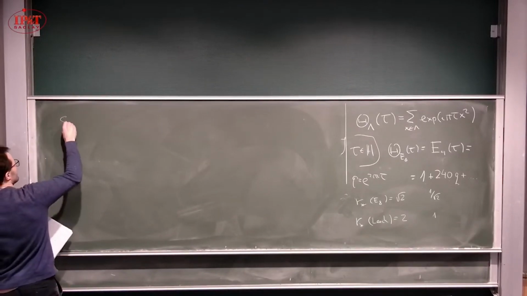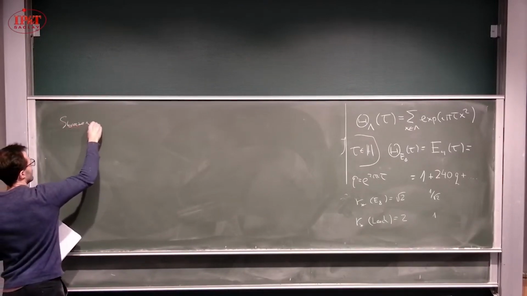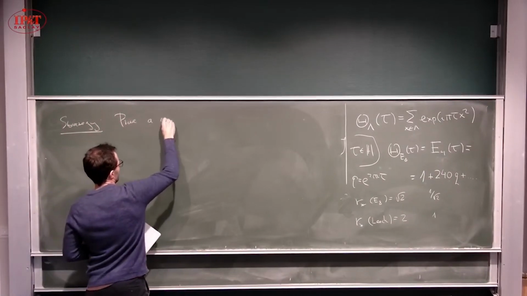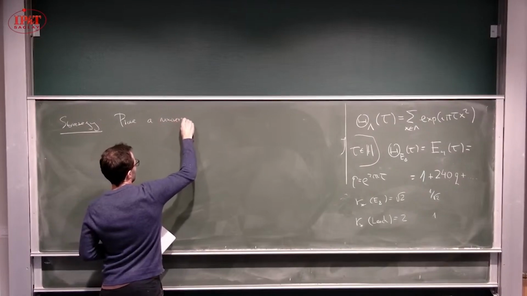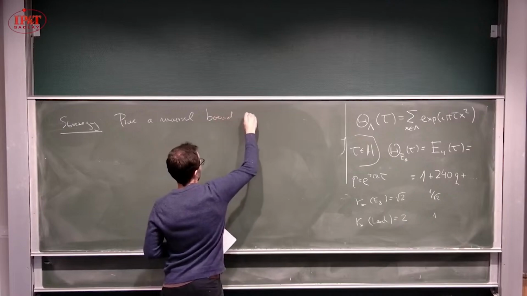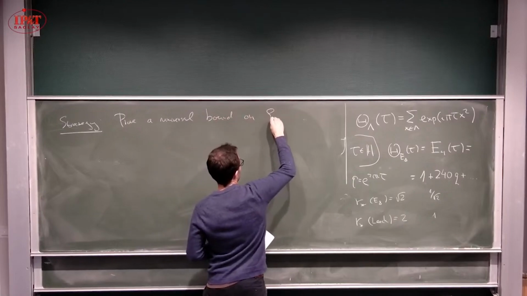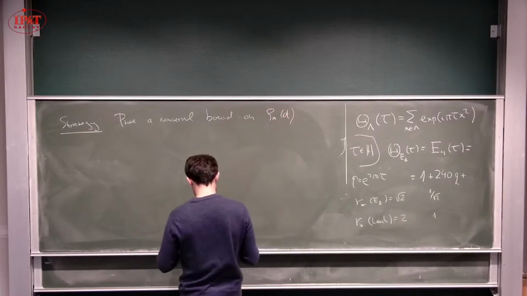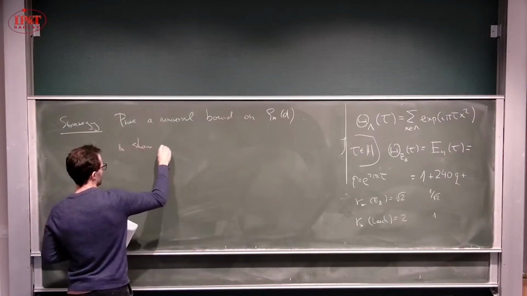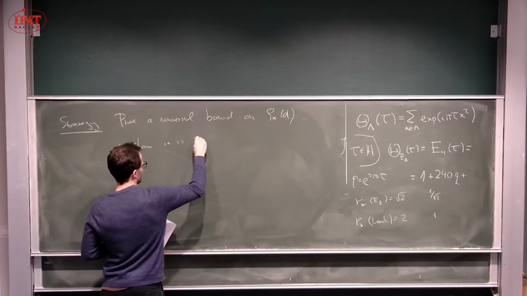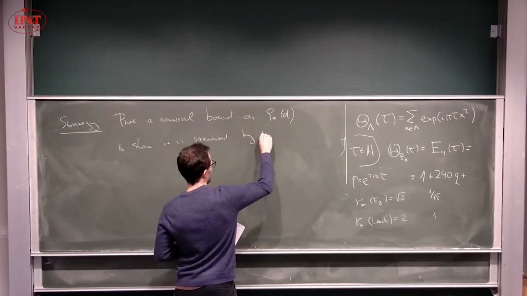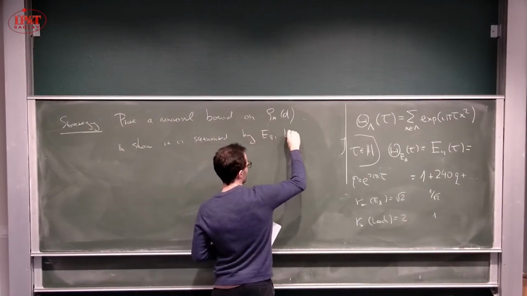So the strategy is to prove a universal upper bound, from some general principles, on this density, rho star of d, for any packing, for any d, and show that it's saturated by E8 and Leech in the two cases.